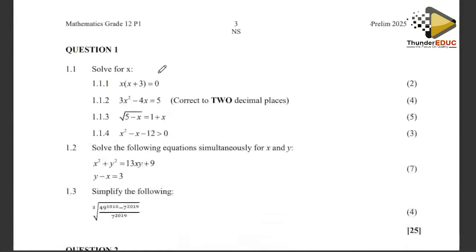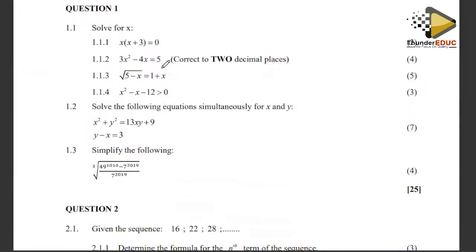Question number 1. Algebra, which is solve for x. Now with this, we have x, open brackets, x plus 3 is equal to 0. For as long as we have brackets, x plus 4 or x minus 2 is equal to 0. So this represents what we call the dot product.